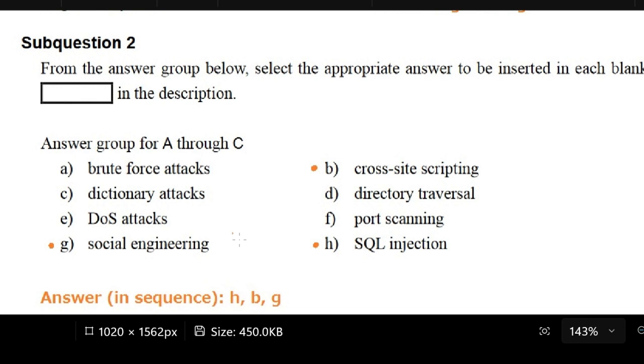Okay, port scanning. So this one looks like if you're in the network already, you want to know what ports the server is using, what ports are available out there, because you can actually know if this port, for example, is used to access the web server.